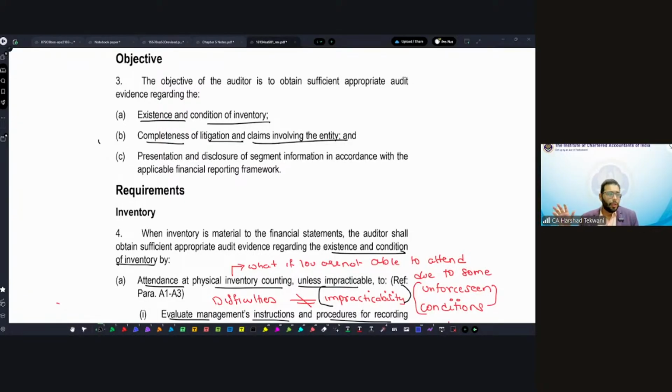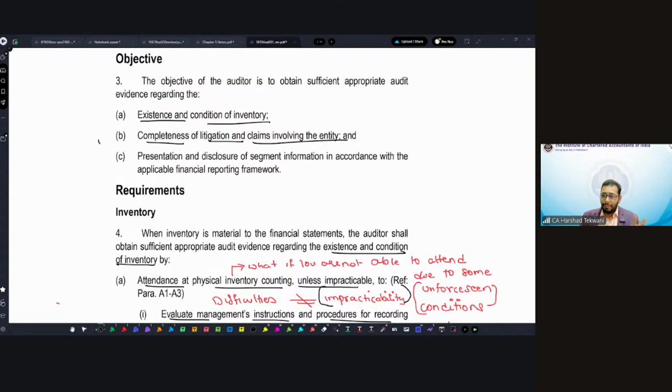You can even check the cause list. If a case is going on in some tribunal or high court, check the cause list, or search with the party name or advocate name. Many ways are there to get completeness evidence if the external legal counsel is not replying.